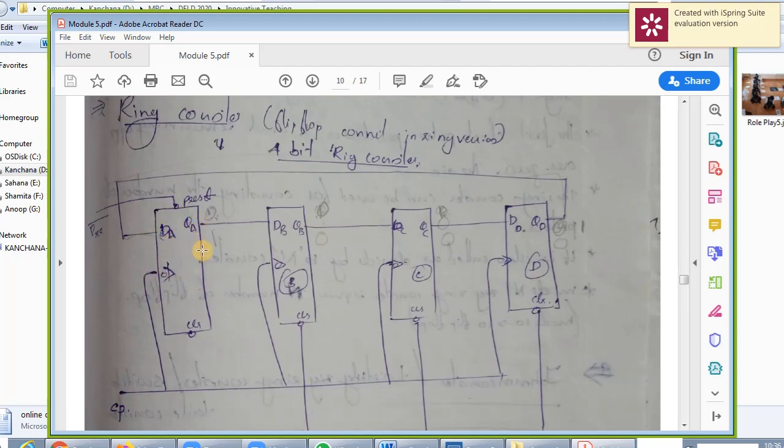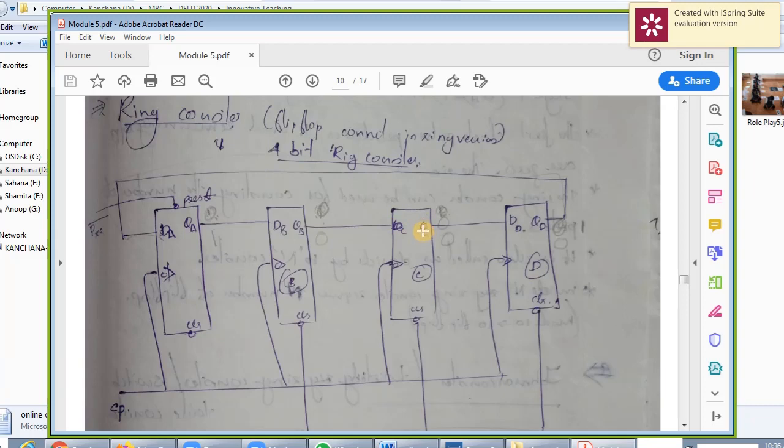Then here, how it is connected: it is connected in a ring form, so that it is called a ring counter. That means the output of the first flip flop is connected to the input of the second flip flop. Similarly, the output of the second flip flop is connected to the input of the third flip flop.